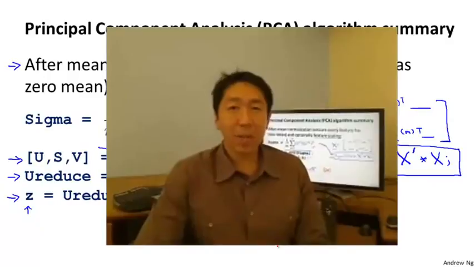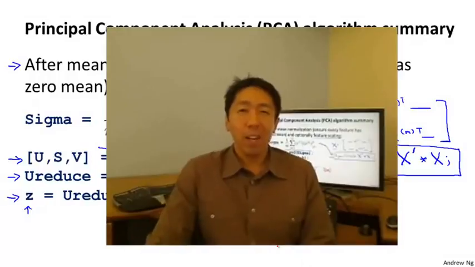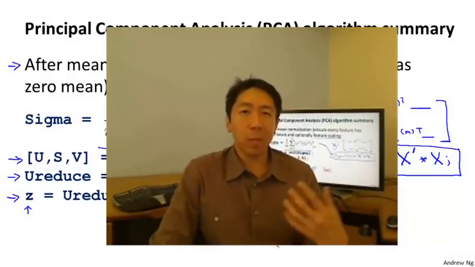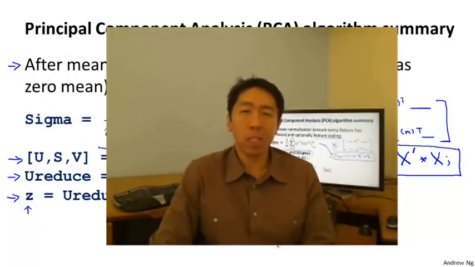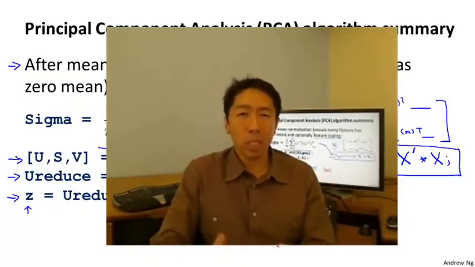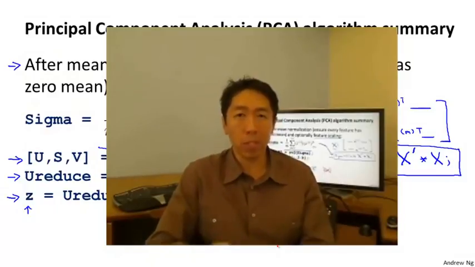So that was the PCA algorithm. One thing I didn't do was give a mathematical proof that the U1, U2, and so on, and the Z's and so on that you get out of this procedure are really the choices that will minimize the squared projection error, right? Remember we said what PCA tries to do is it tries to find a surface or a line onto which to project the data so as to minimize that squared projection error.